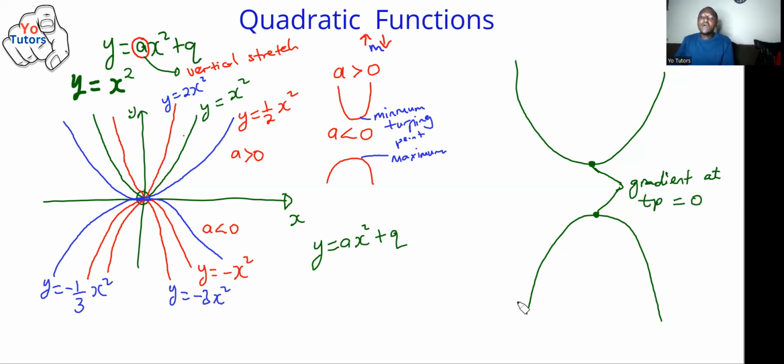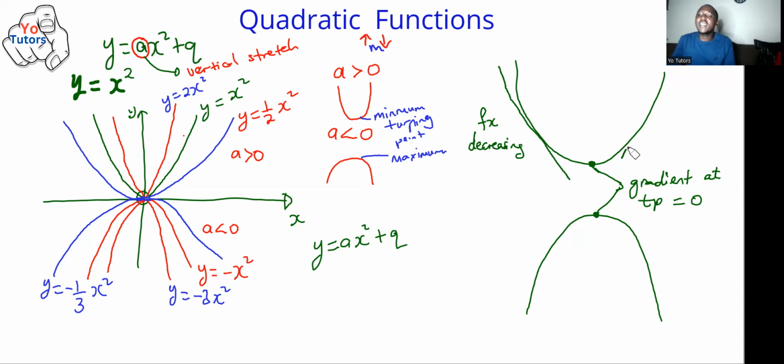But now we want to know what happens before we reach the turning point. This part here, the graph is decreasing, meaning the gradient is negative. If it is a graph, we say f of x is actually decreasing.